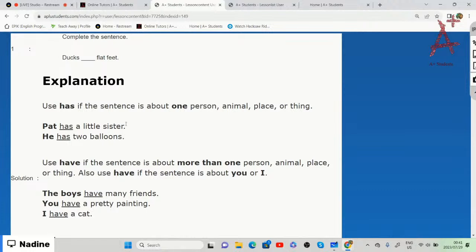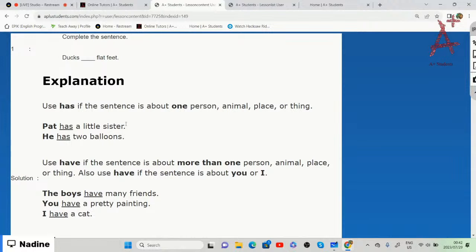And he has two balloons. Has. So we use has if the sentence is about one person, animal, place, or thing.